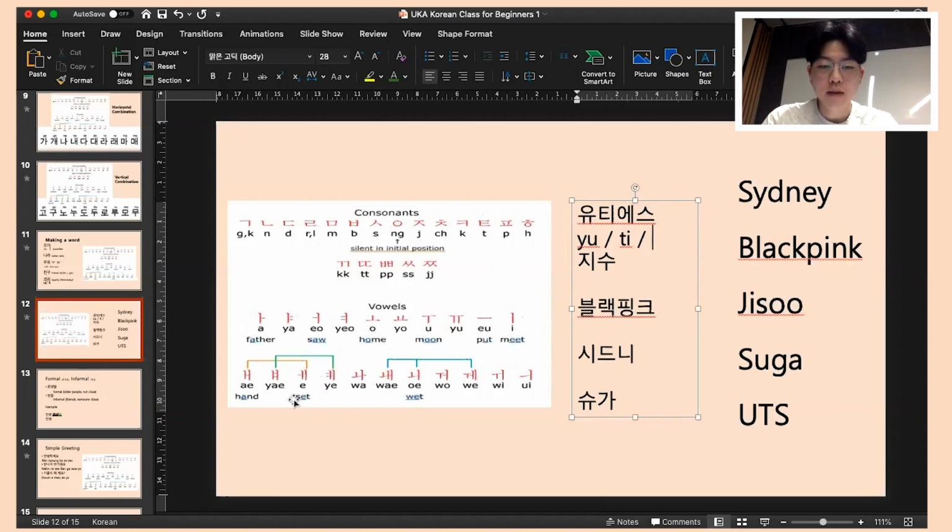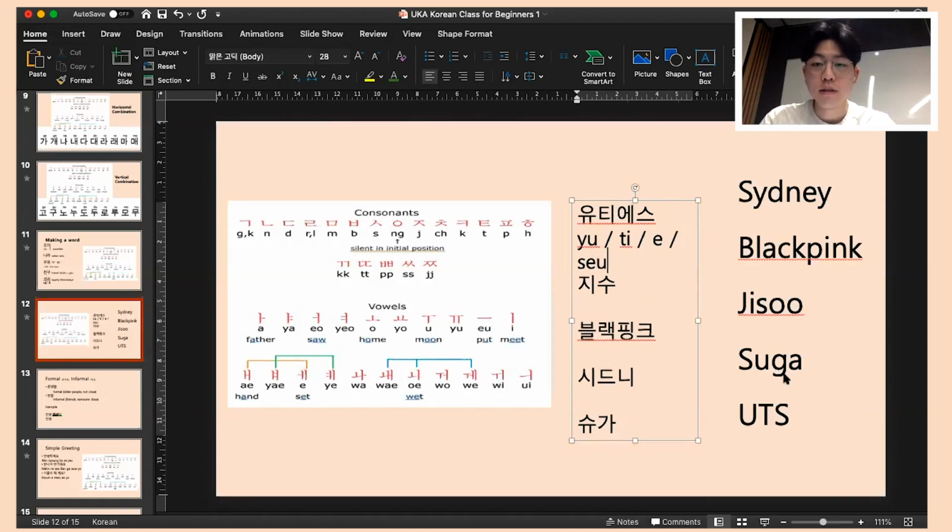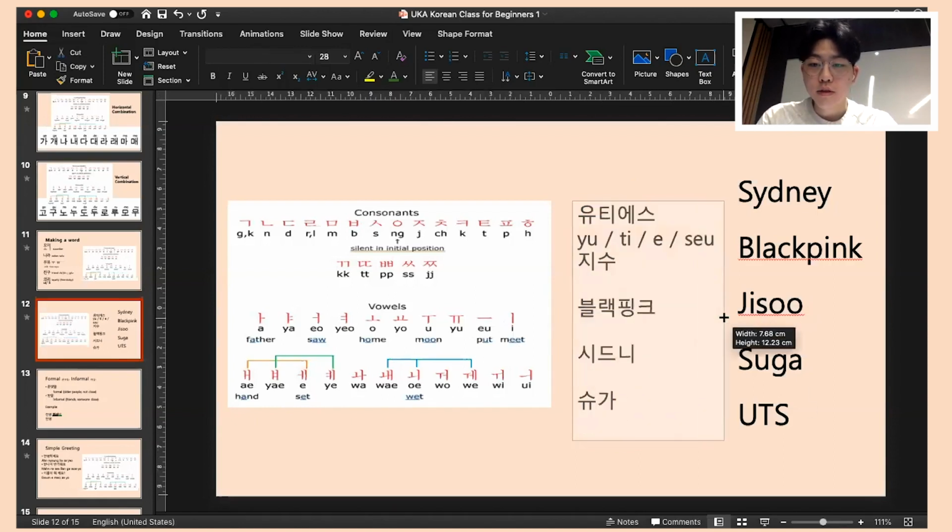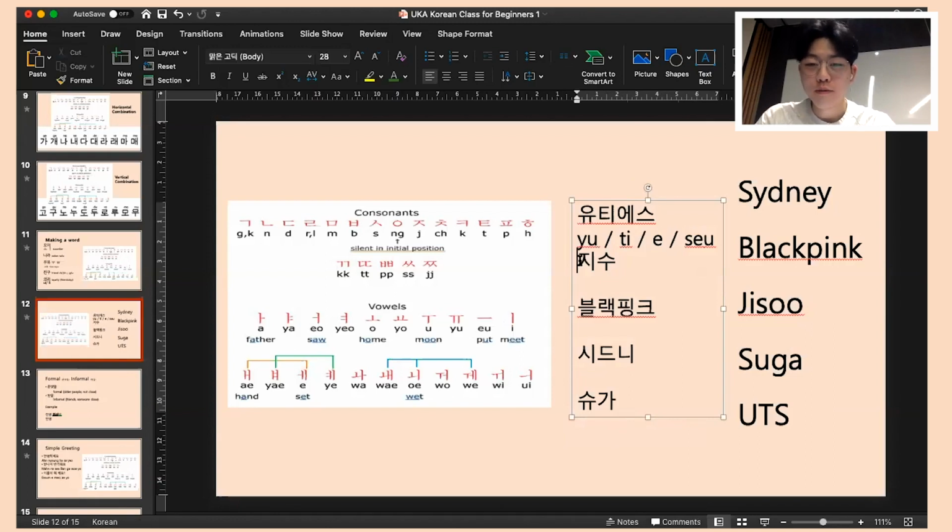E. So, yep, it says here, set. The last one, S is S and EU together. It's actually pretty simple if you get used to it. Right, UTS. And the next, any idea?